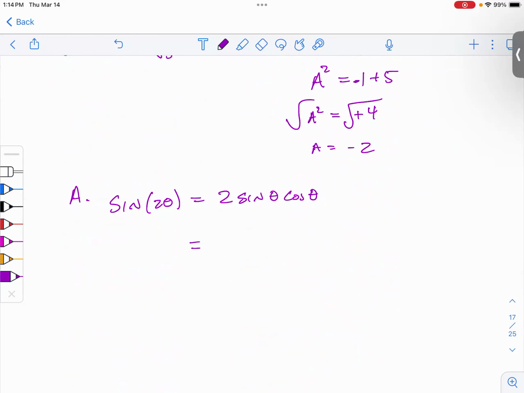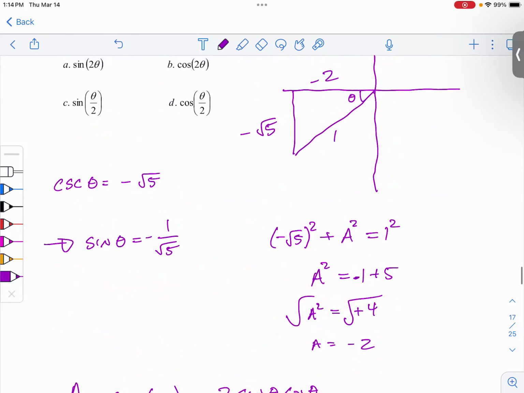But the good news is that sine, which I already had as 1 over root 5, and cosine, which is, what's cosine in this case? -2.